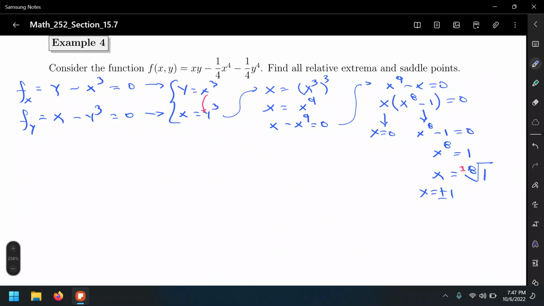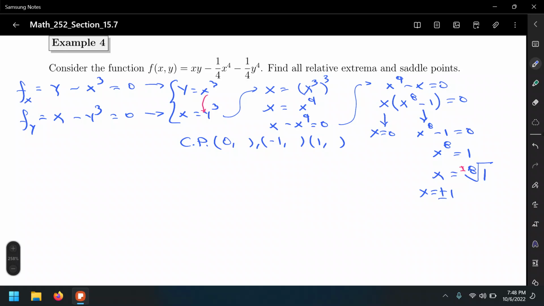Okay, so we already got these values of x that are going to be part of the critical values or the critical points. So let's list them. Critical points will be 0 comma something, -1 comma something, and 1 comma something. What are the y values?